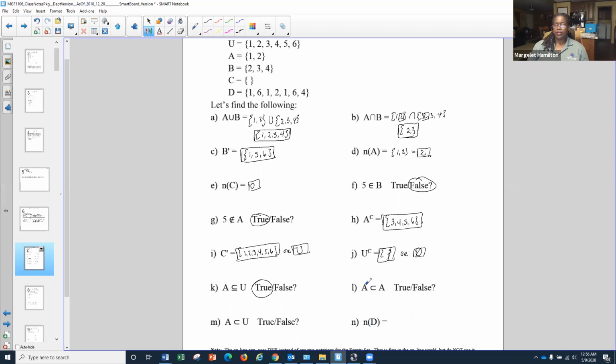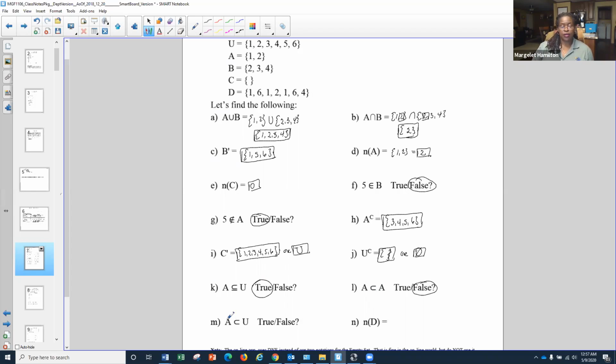Now, do the sets equal each other? Here they do, but can they with a proper subset? They cannot equal each other, no. So our answer is false. It is not a proper subset. Why? Because they can't equal each other. And remember, how do we know? They took that little equal to, or that line from underneath, that means equal to. It can be, but it's not there. So it can't be equal to, okay?